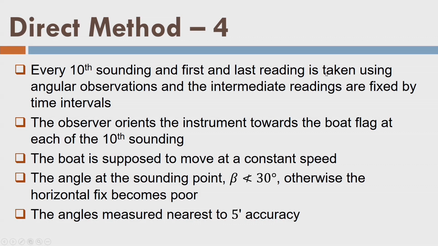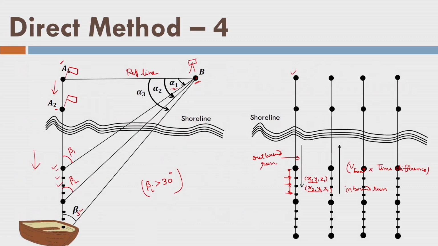In this case, if we go back to the previous slide, these are the positions which are noted down by the angle observation and not these positions here. Let us say we take every 10th reading for angle observation. So, between these 10 readings, the 9 readings are taken without the angle observation, but there we have observed the time interval and we are moving in a straight line, and that is why we can always find out the angle with the help of the interpolation process.